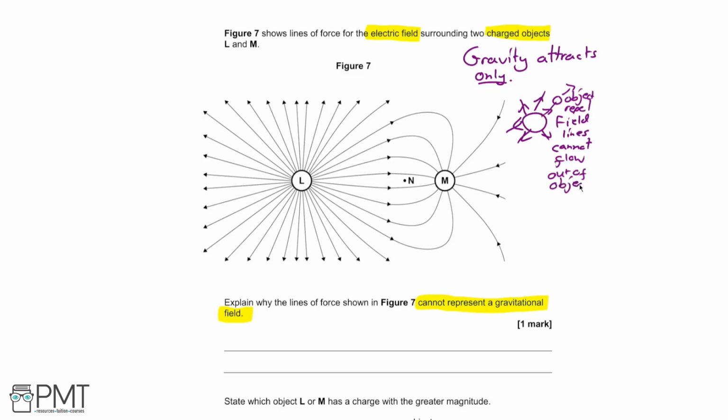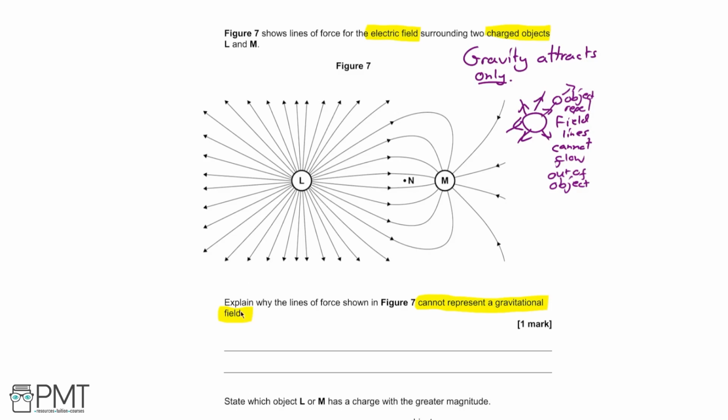Therefore, in this case, what we see is that there are field lines coming out of L, which means that L would repel a positive charge. So what that means is that if we were talking about masses, this would cause a mass to be repelled too. So this can't happen.